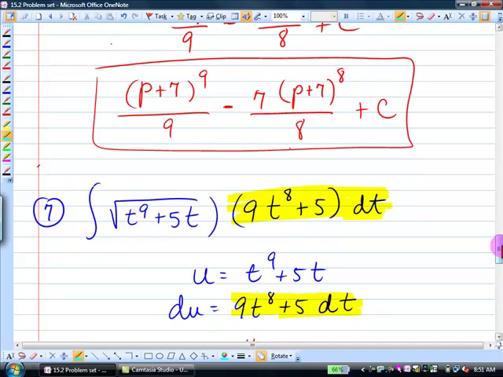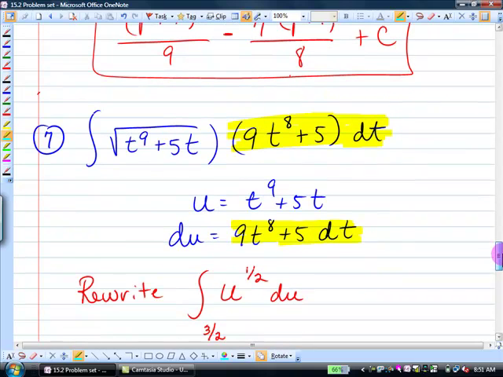Okay, so when you rewrite it, what do you get? What's the problem when you rewrite it? The integral of u to the what power? 1/2 du. And what is the integral of u to the 1/2?